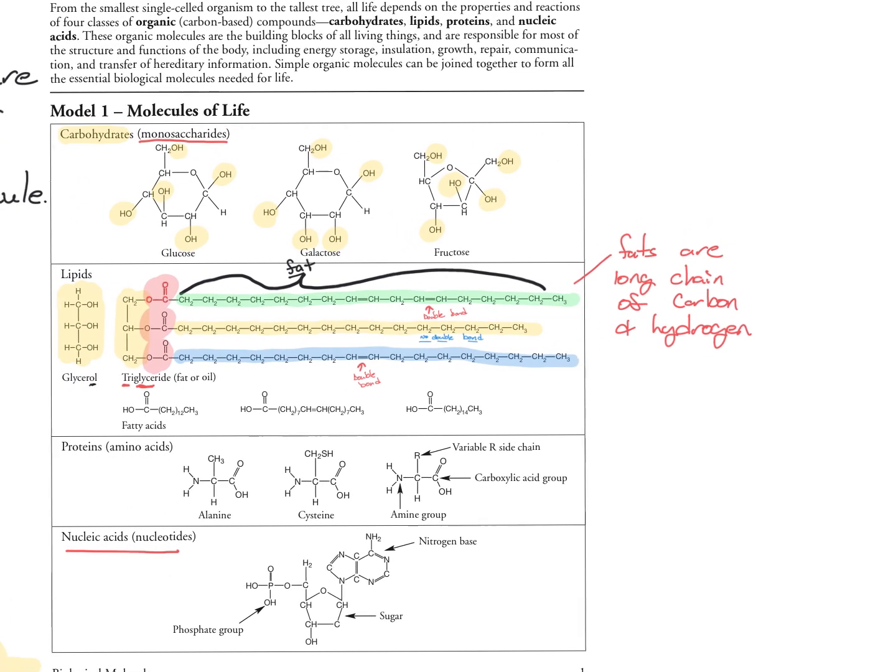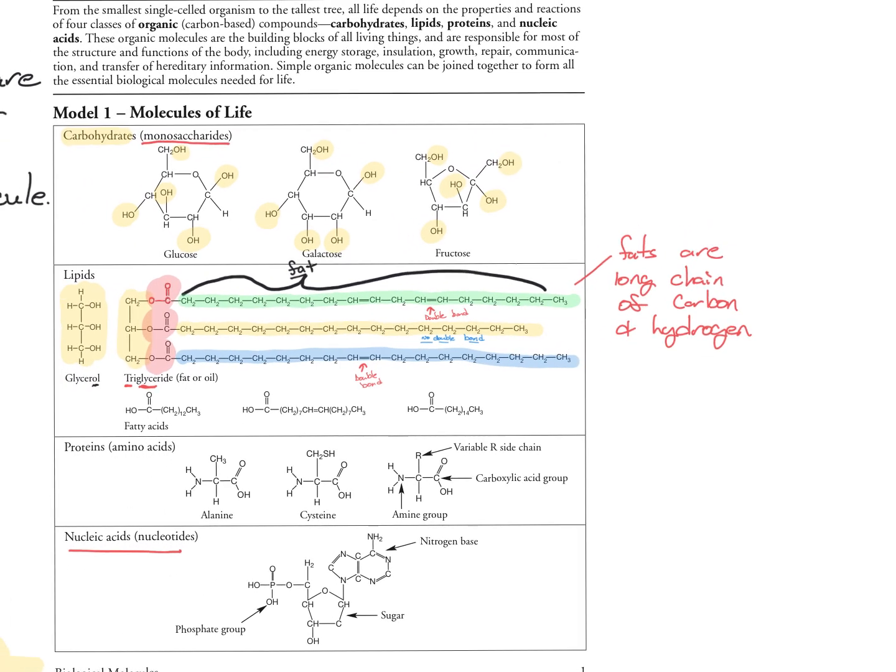Can I tell which one's the glycerol, which one's the fat, which one's the fatty acid? Do I understand that this whole thing here, including the carboxyl group, is a fatty acid? Do I get that?